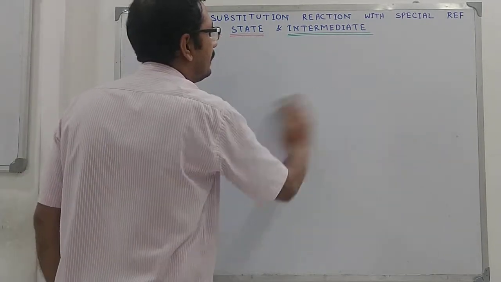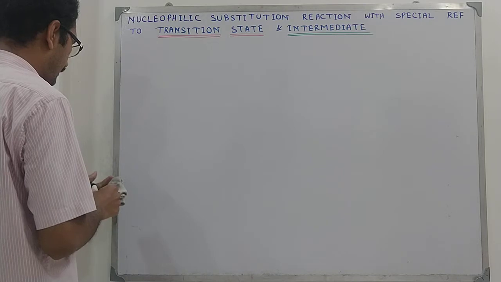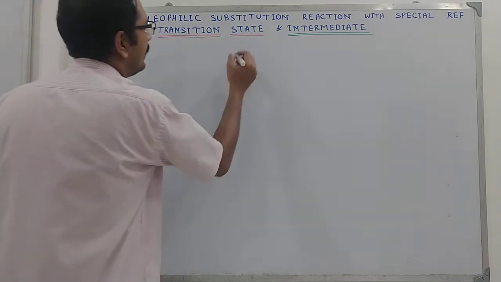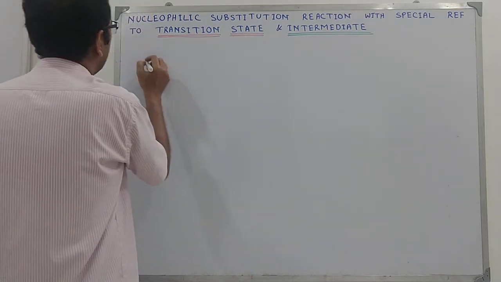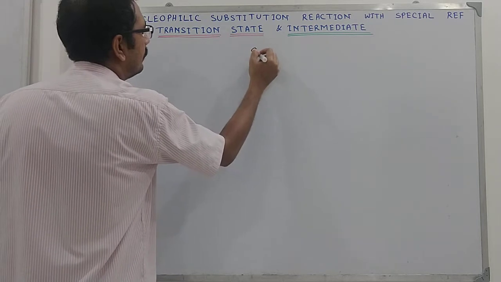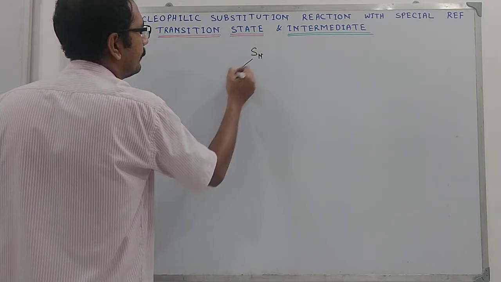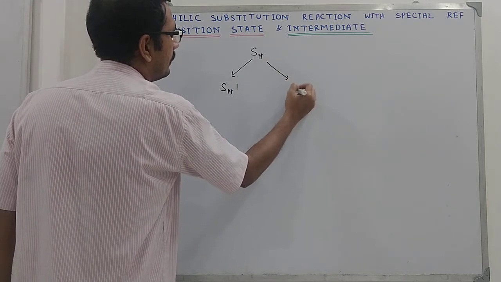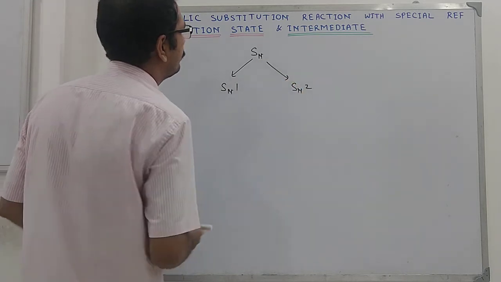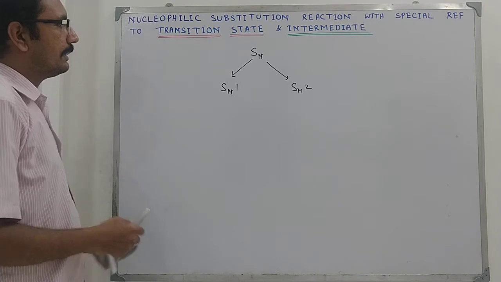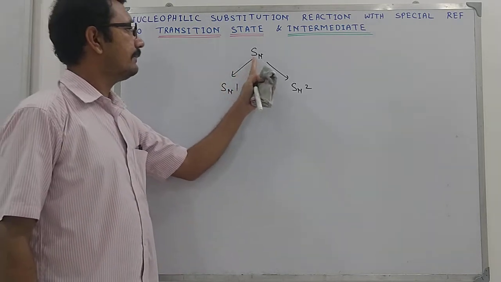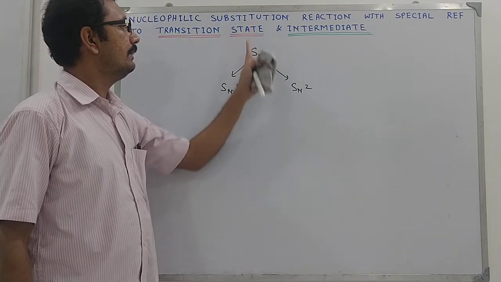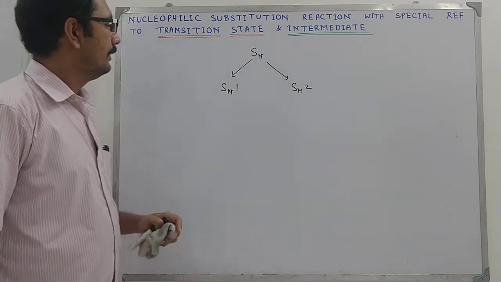Now the two major varieties of nucleophilic substitution are SN1 and SN2. This nucleophilic substitution is symbolized as SN, S for substitution and N for nucleophile.